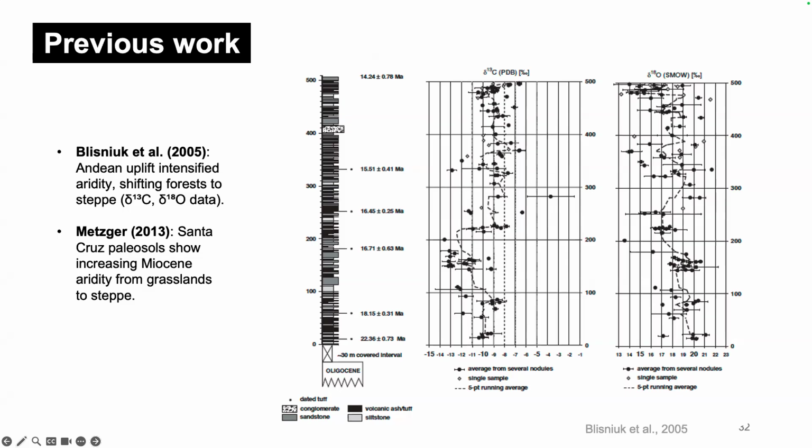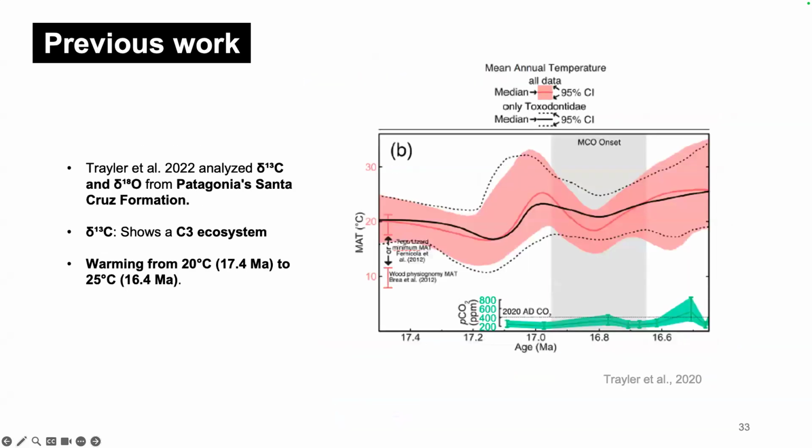Building on this, Matheos 2013 analyzed paleosols from the Santa Cruz Formation to refine Miocene climate reconstructions. This study identified a shift in soil types, showing that early Miocene environments supported grasslands and open shrublands, while the middle Miocene soils reflected increasing aridity.